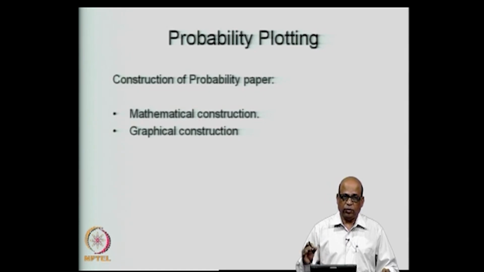Whereas, for distributions such as normal distribution, log normal distribution, log Pearson type 3 distribution, etc., analytical construction will be difficult, and you may want to go with graphical construction. Both of them are very simple procedures. We will go through both these procedures. I will demonstrate for the exponential distribution as well as for the normal distribution. The same procedure can be used for most other distributions.